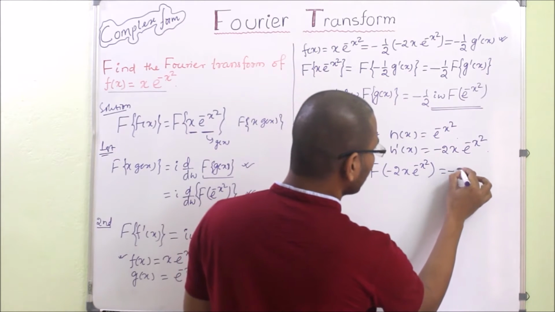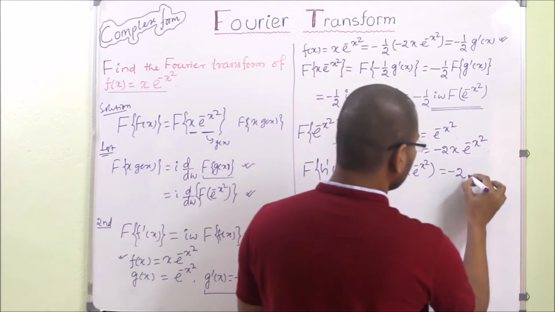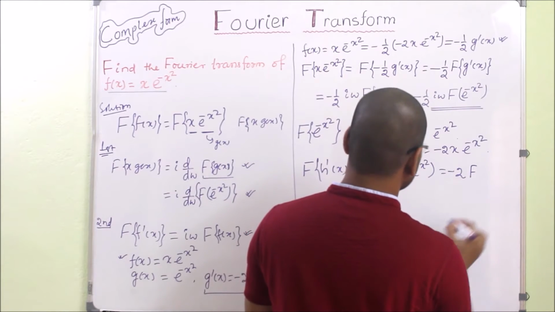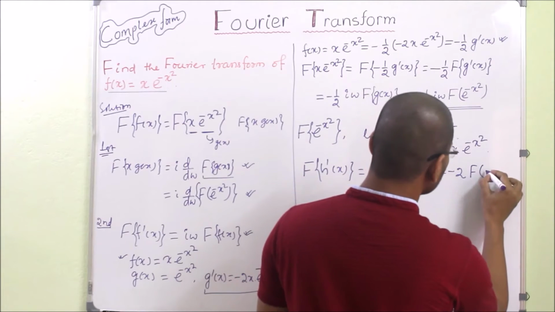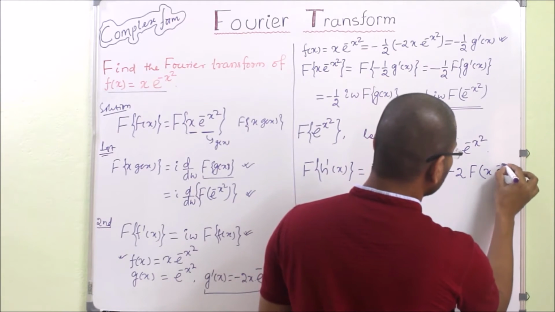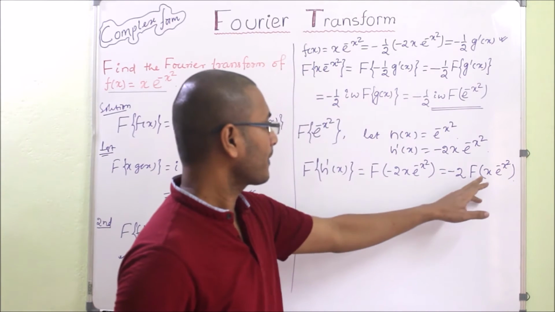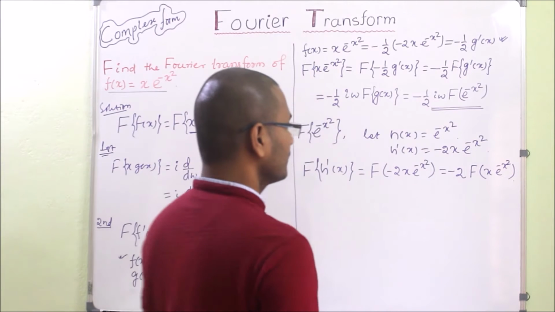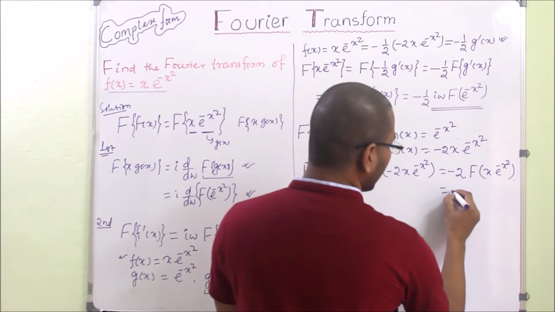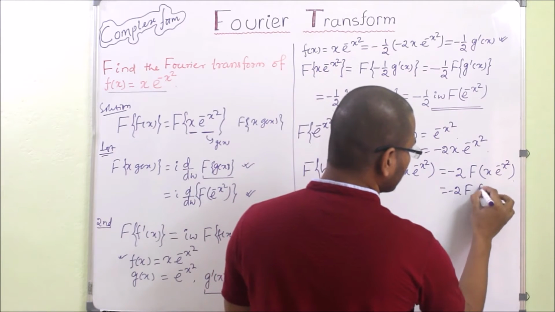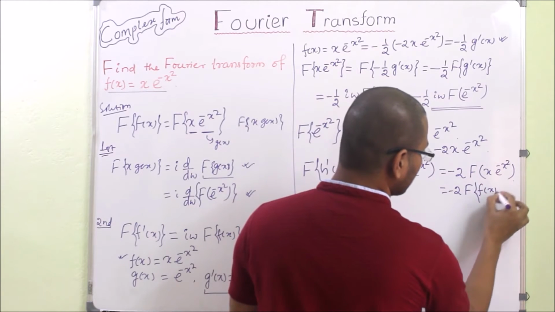Yes or no? So the Fourier transformation of h dash x will be the Fourier transformation of minus 2x e to the power minus x square. Minus 2 will be common, so then the Fourier transformation of x e to the power minus x square, which is minus 2 Fourier transformation of f of x. Clear?